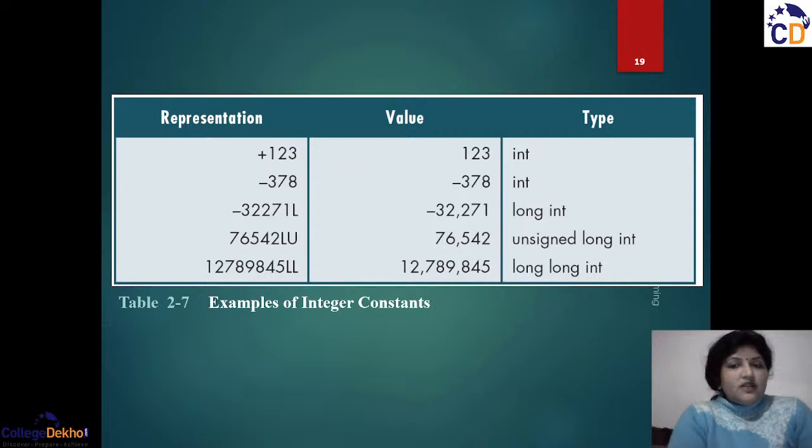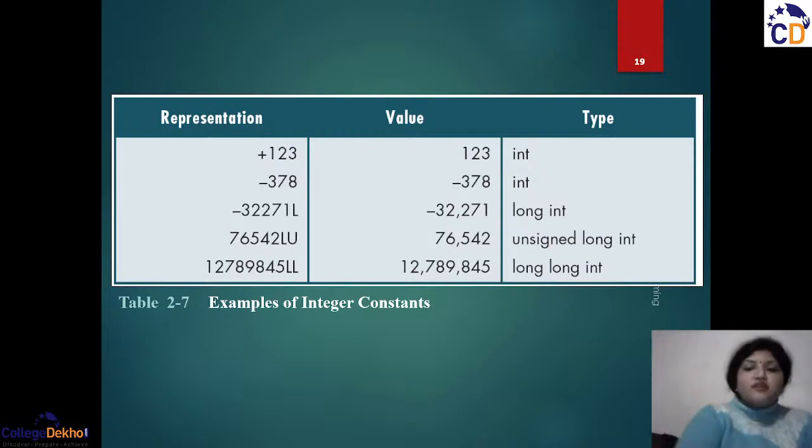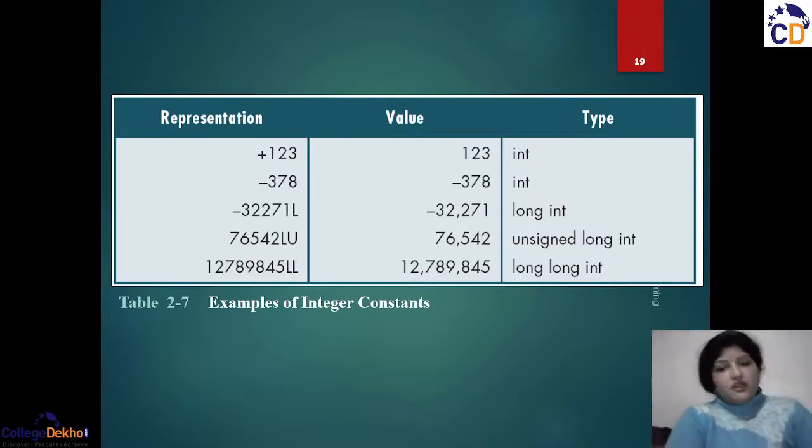Then we have unsigned long, L and U, that is representing unsigned long. 76,542 LU, that is unsigned long. This is how we specify different ranges of values in a variable. LL is again used to define a long integer.